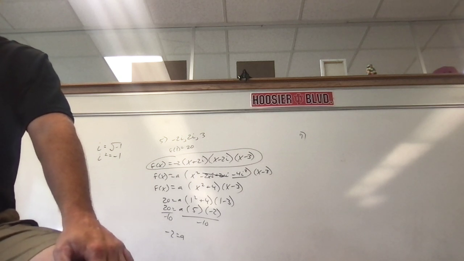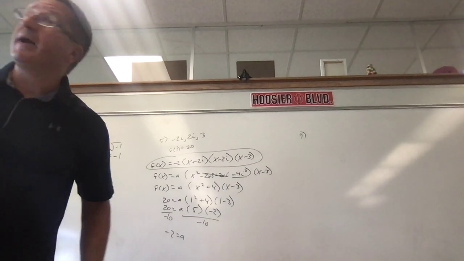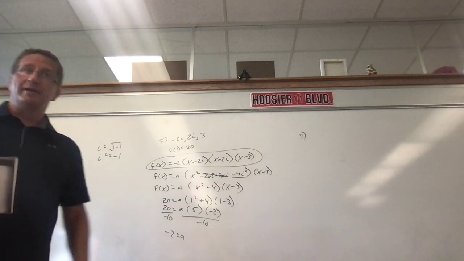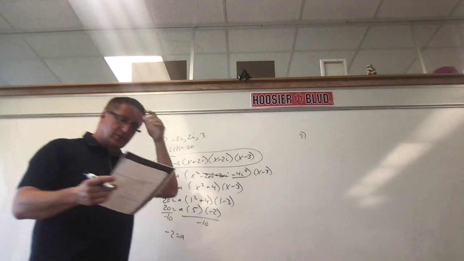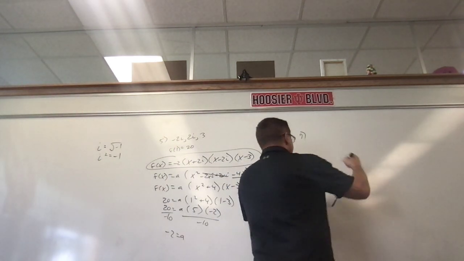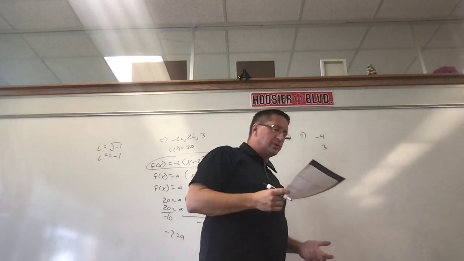No, the lead coefficient. Is it a? A is 1. We know what a is. How do we know that? It says so. The lead coefficient right here is 1 on this problem. That's nice. So they tell you that negative 4 and 3 are both zeros of multiplicity 2.